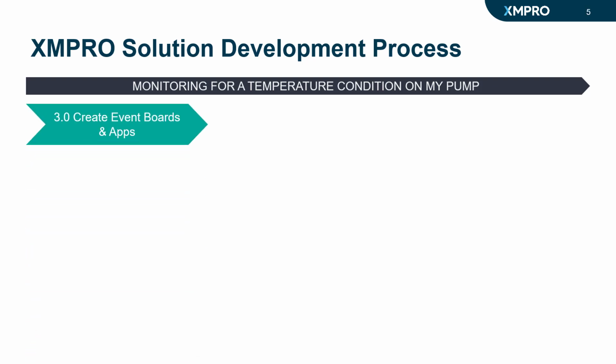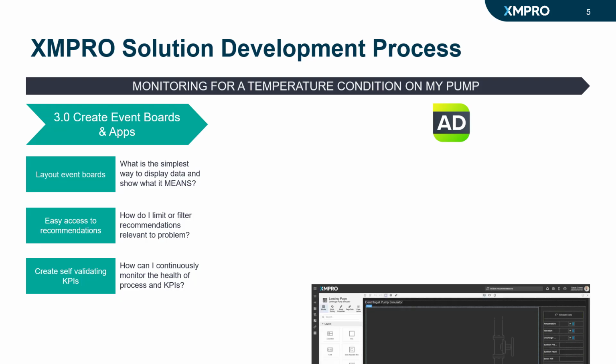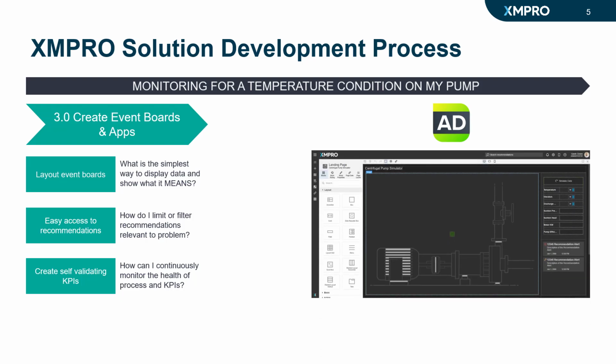Step 3 is we are creating event boards and the application. This is also done in the application designer, and if I pull an example of what does that actually look like here, there is a full interface that will walk you through how do you actually create your particular event boards. Again, what's the simplest way to display? There's various layouts, various controls for you to actually use to configure that.